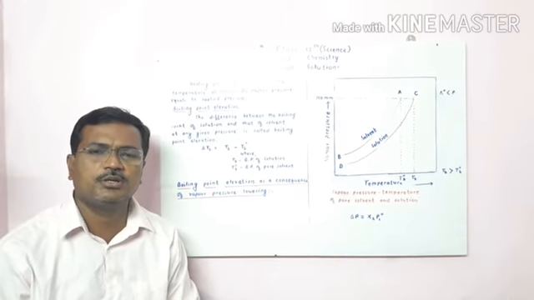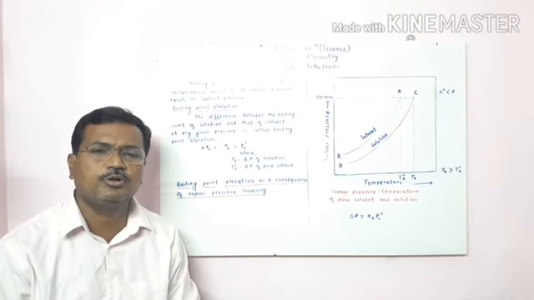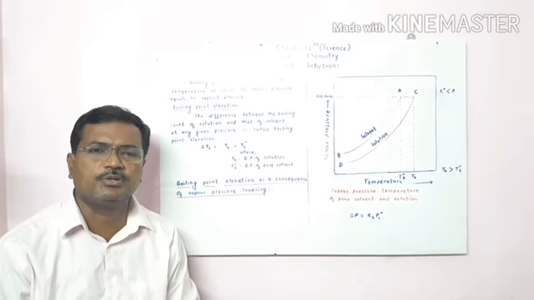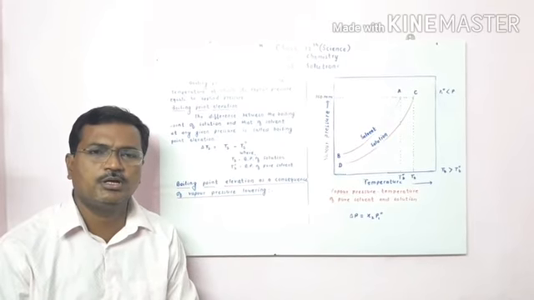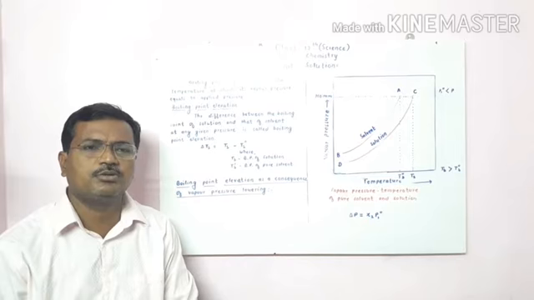It will be greater than 100 degrees Celsius. So the boiling point of the pure solvent is less than the boiling point of the solution. The difference between the boiling point of the solution and the boiling point of the pure solvent is called boiling point elevation.